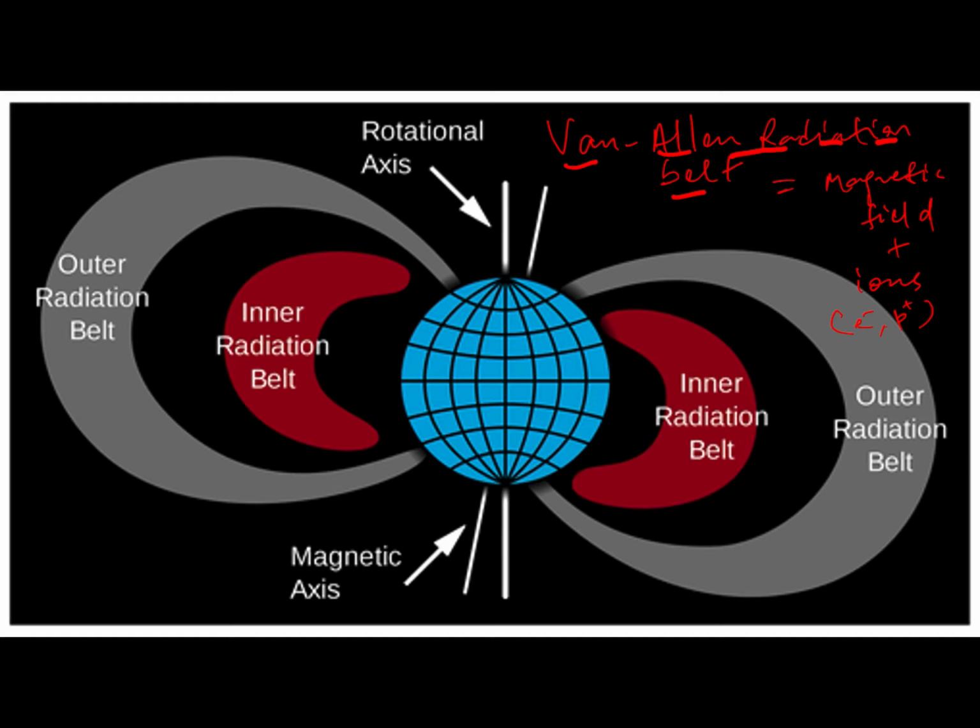There are two belts actually, the inner radiation belt and the outer radiation belt. The inner radiation belt consists of both electrons and protons in motion, but the outer radiation belt contains only electrons in motion, and these are actually preventing the entry of harmful electromagnetic radiation from reaching the earth.